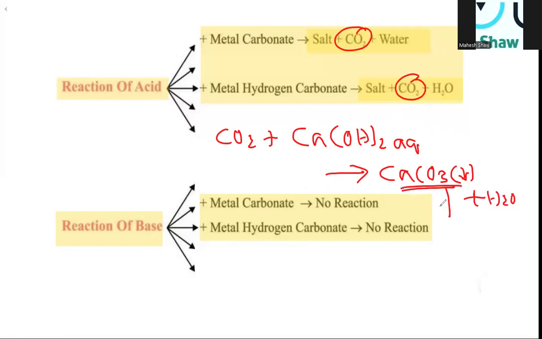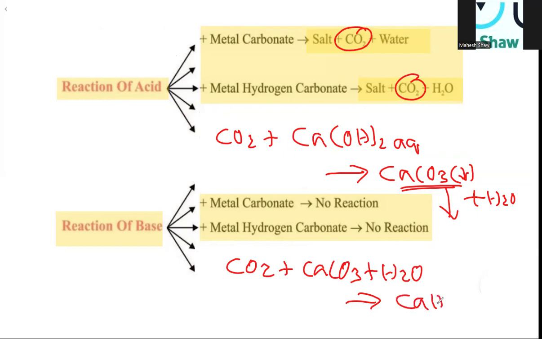This precipitate turns the lime water milky. But if excess carbon dioxide is passed through this calcium carbonate, the milky color will disappear as calcium carbonate changes into calcium bicarbonate, which is soluble in water. It's aqueous, that's why the milky color disappears.